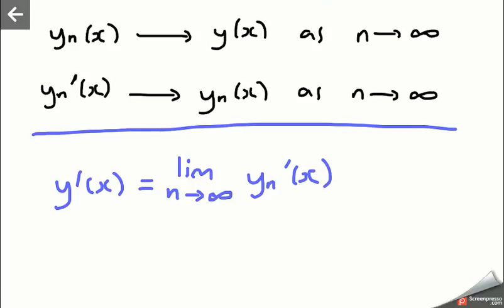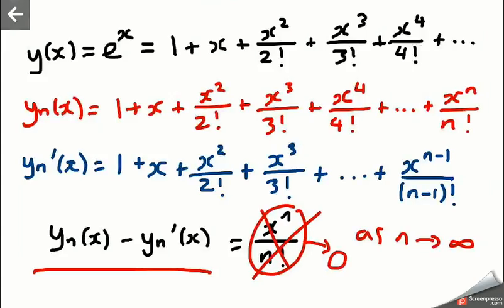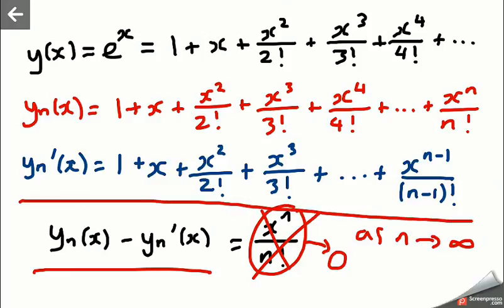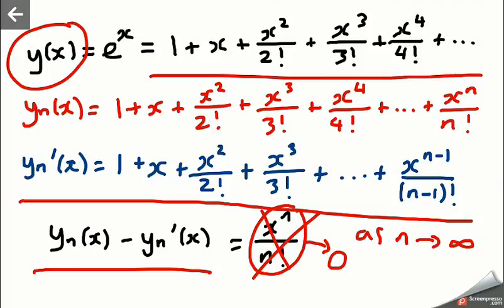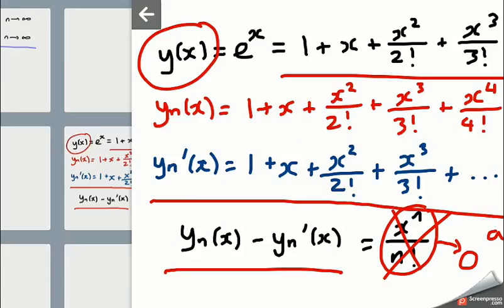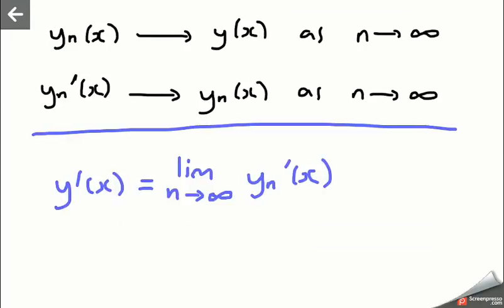And so, while the limit as n tends to infinity of yn prime of x, well, yn prime of x is this guy right here. As n gets bigger and bigger, that thing is just going to get closer and closer to y of x up here. So actually, y prime of x is just equal to y of x.